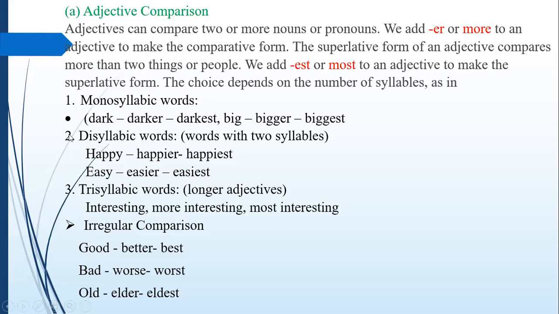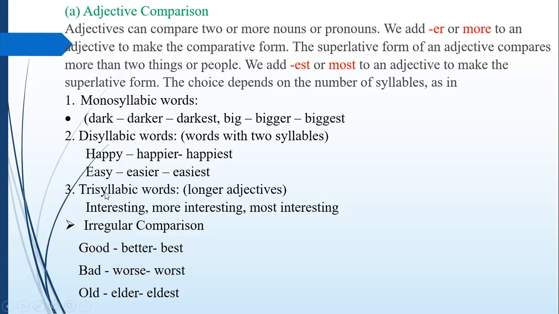Disyllabic words, that means words that have two syllables, also take ER in the comparative adjective and EST in the superlative adjective. Happy, happier, happiest. Easy, easier, easiest. All right?